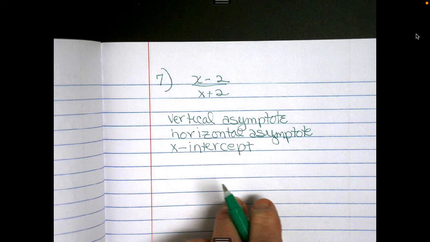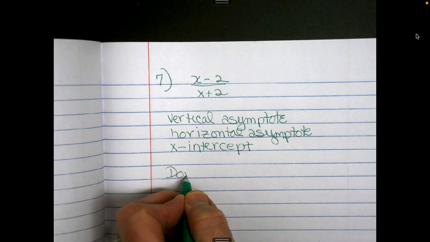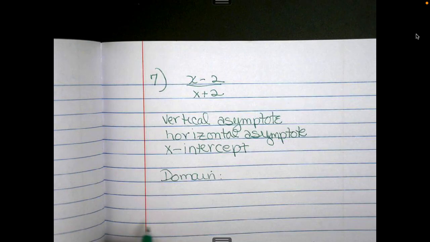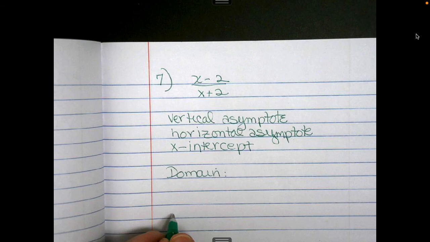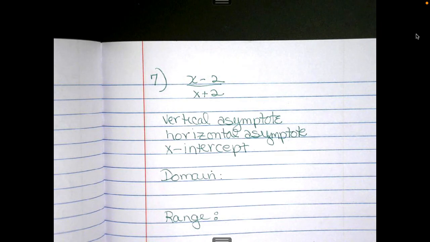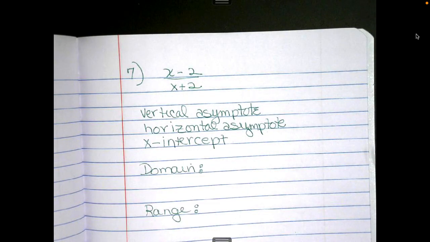Okay, then they have the graph, and I'm going to skip down. Then I have to talk about the domain and the range, where you find that information. Alrighty. So we've done these before. It's just now we get to do them all together and pick the graph. So the graph would be last. That's what we'll see on Desmos.